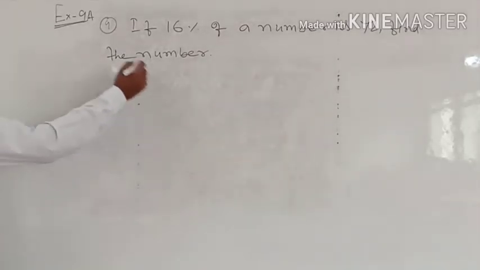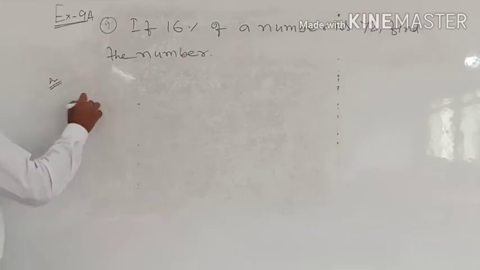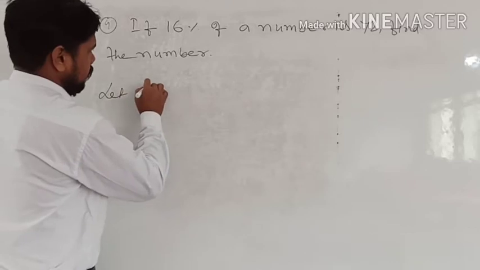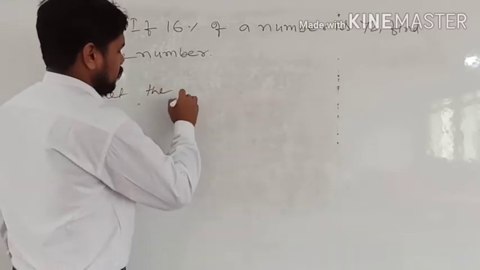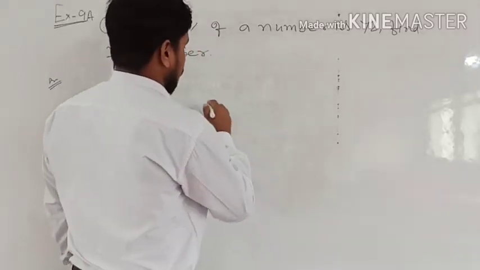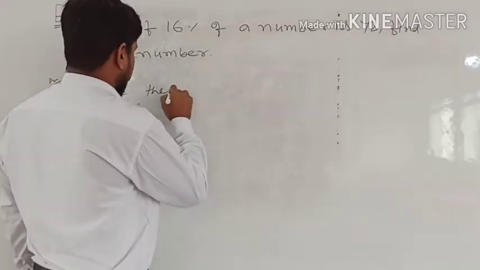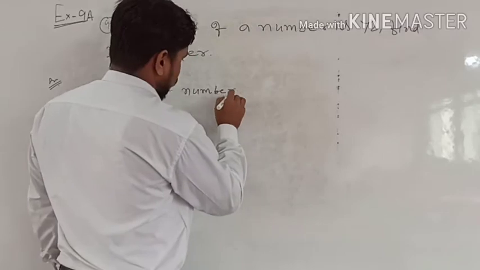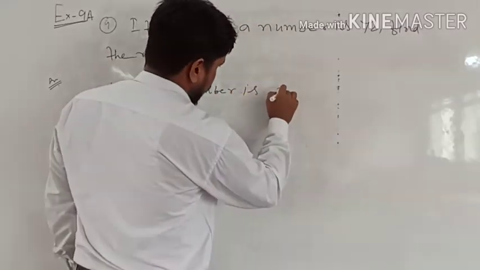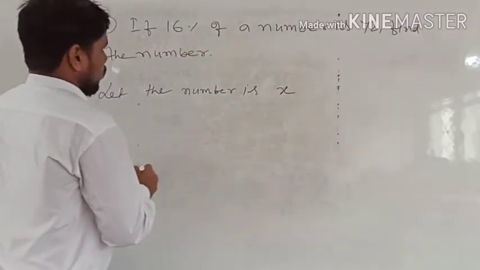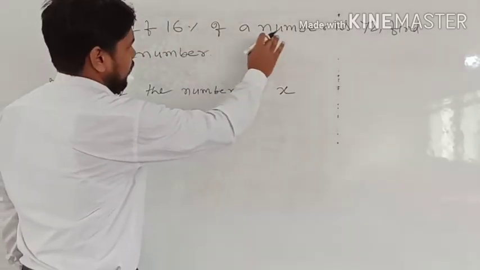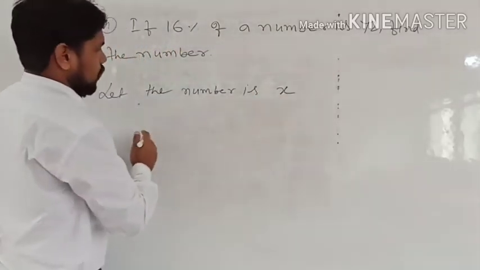So let us consider the number is x. Now it is given that 16% of the number, 16% of x, is equal to 72.